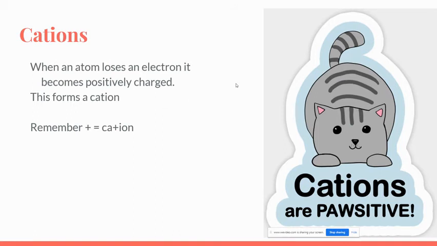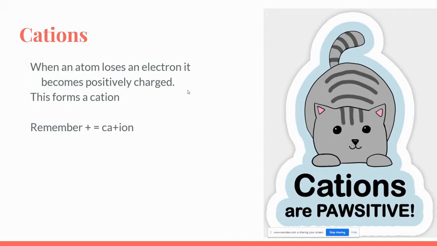So we need to talk just very briefly about what a cation is. Cations are positive. And what that means is a cation is formed when an atom loses an electron. So if we think about lithium, for example, that we were talking about a minute ago, lithium has 3 protons. In an atom, lithium would also have 3 electrons. But now lithium is losing one of those electrons.